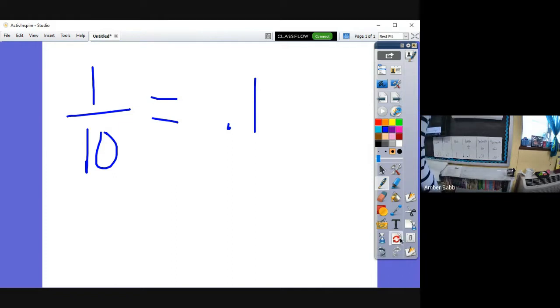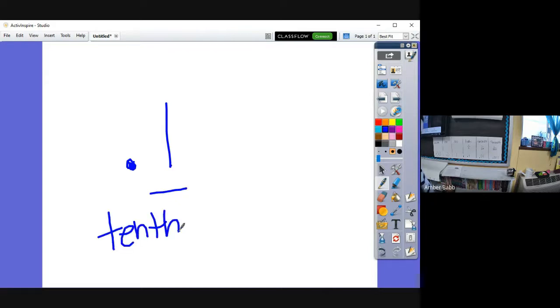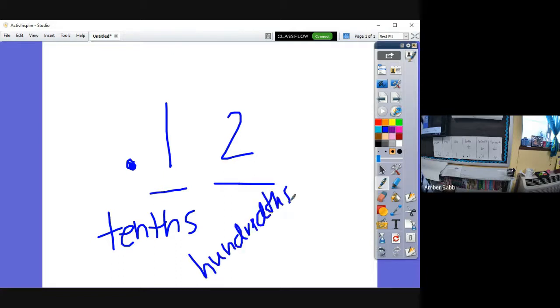Here's our decimal, and if we go one spot to the right of it, that's the tenths spot. There's not a ones, so it's tenths. What's this spot called? Hundredths. The next spot will be the thousandths. So we remember that, okay?